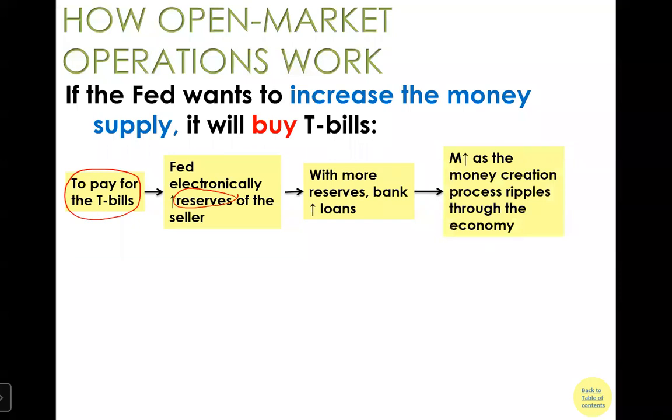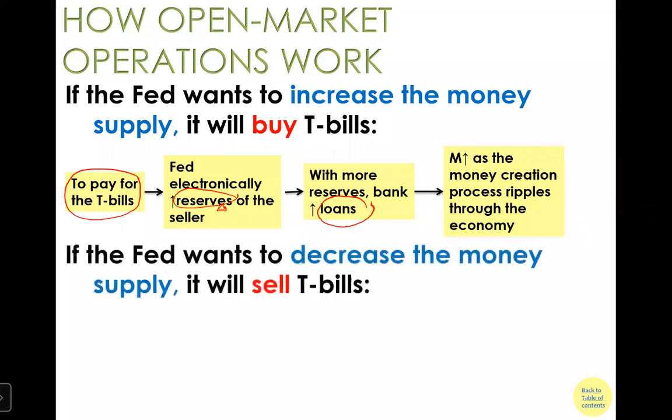So that just means the Fed has more liability, or in other words, the Fed borrows from the commercial bank. But with this increased reserve, the commercial banks can make more loans. With more loans, the money supply will increase, right? Let's just follow the money multiplier process we discussed earlier.